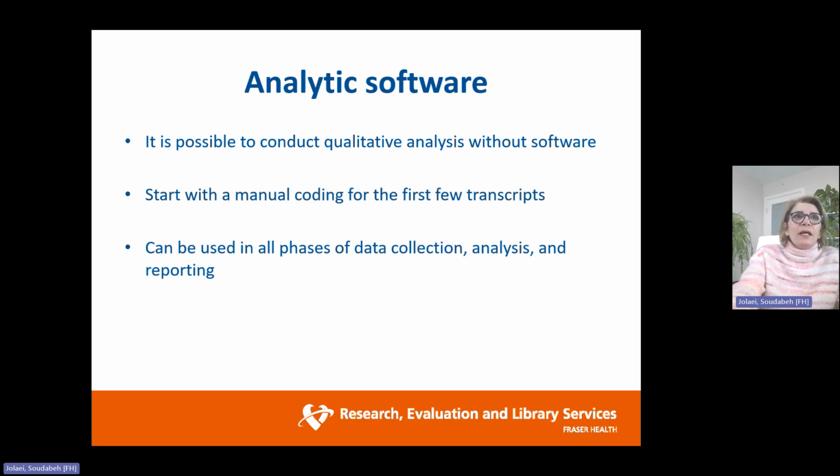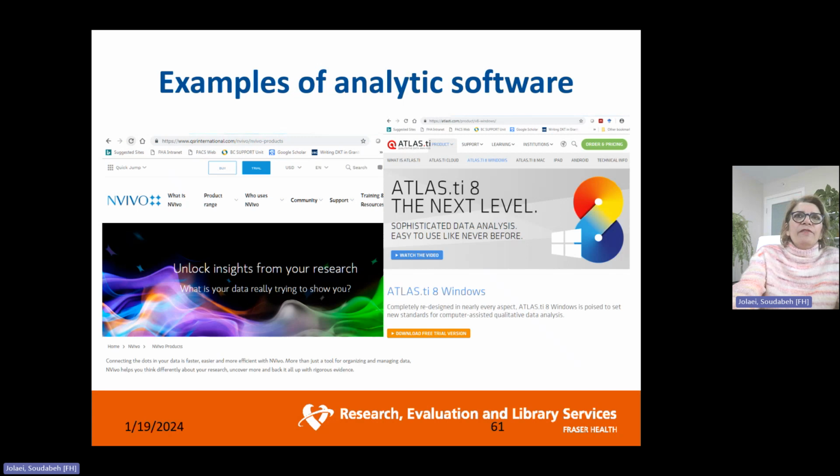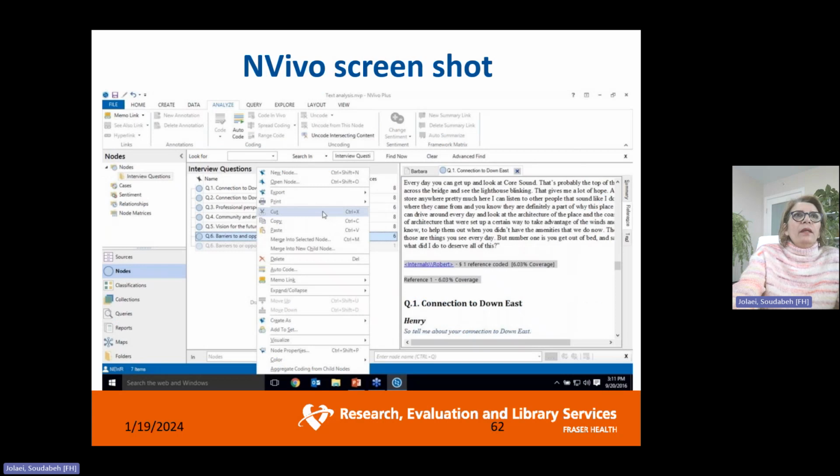Analytical softwares can be used in all phases of data collection, analysis, and reporting. There are different data analysis softwares. There is Atlas, and there is NVivo, which is mostly being used, very common.